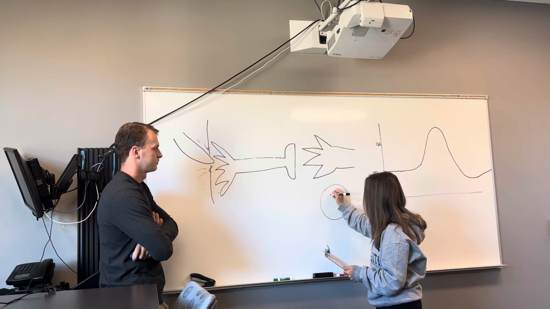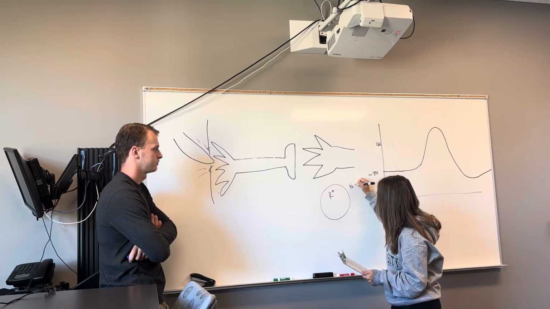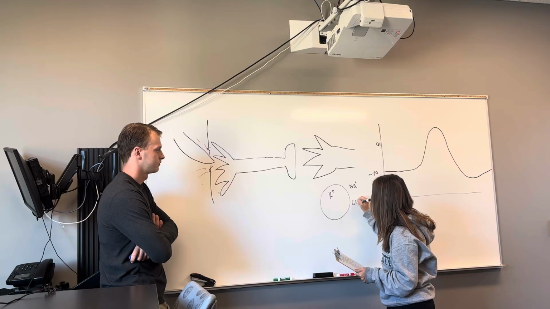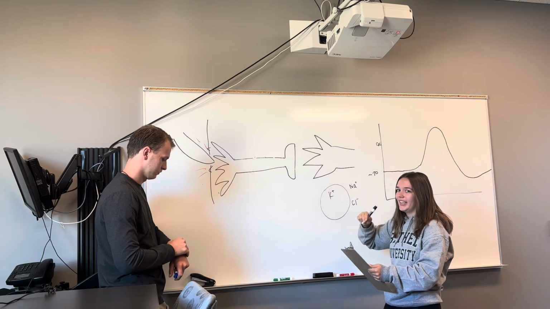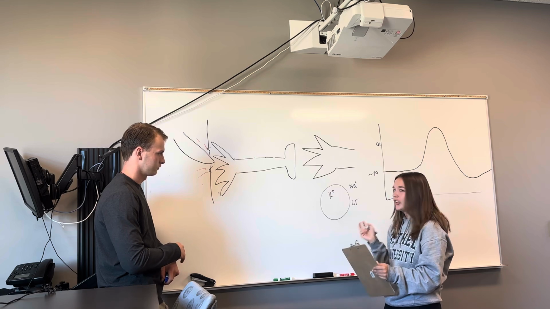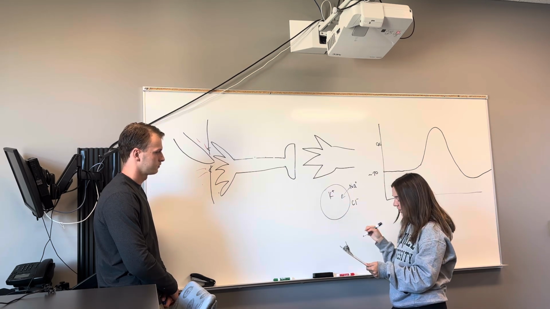Inside the cell, you have potassium, and then outside you have sodium and chlorine. So sodium wants to get in the cell both chemically, so gradient-wise, and based off of its voltage. So it has a strong desire to go in.